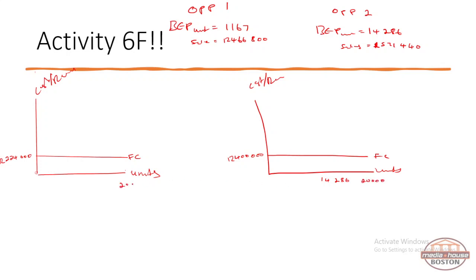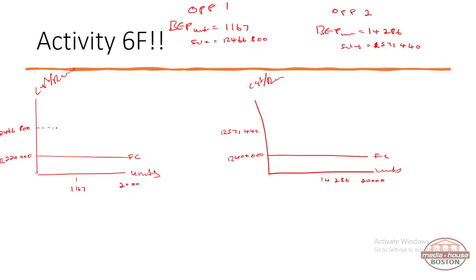Here our total units is 2,000, and our break-even is actually 1,167. So we're saying that the revenue that we're going to break even at on this side is going to be 466,800. And on this side, we are going to break even at 571,440 as revenue.